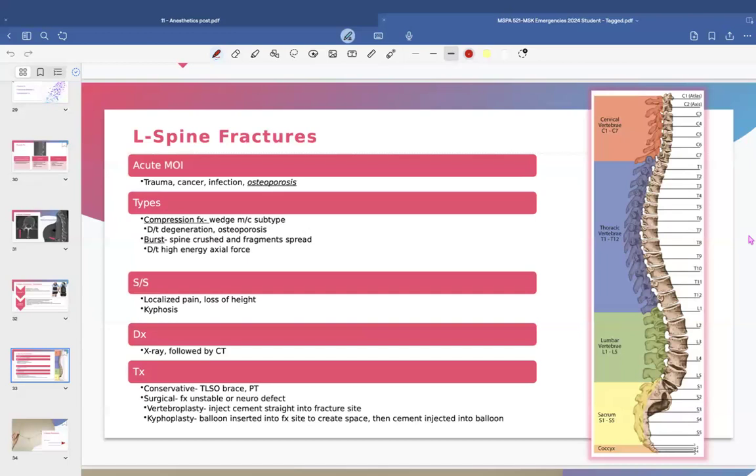You're gonna grade them on their neurologic status, if they have any deficits. Deficits, I mean like, can one leg not move? You're gonna grade on the intactness or disruption of the posterior longitudinal ligament.